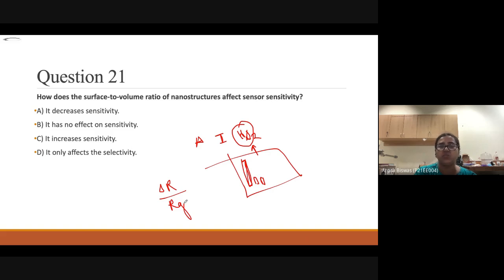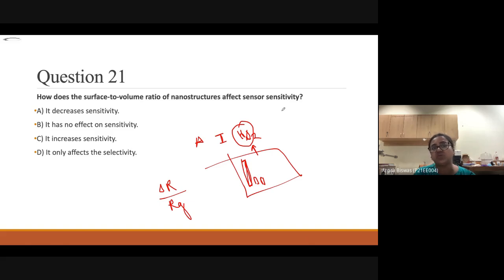When you are interacting with different gases, how much the resistance changes, in that case it is called the sensitivity.